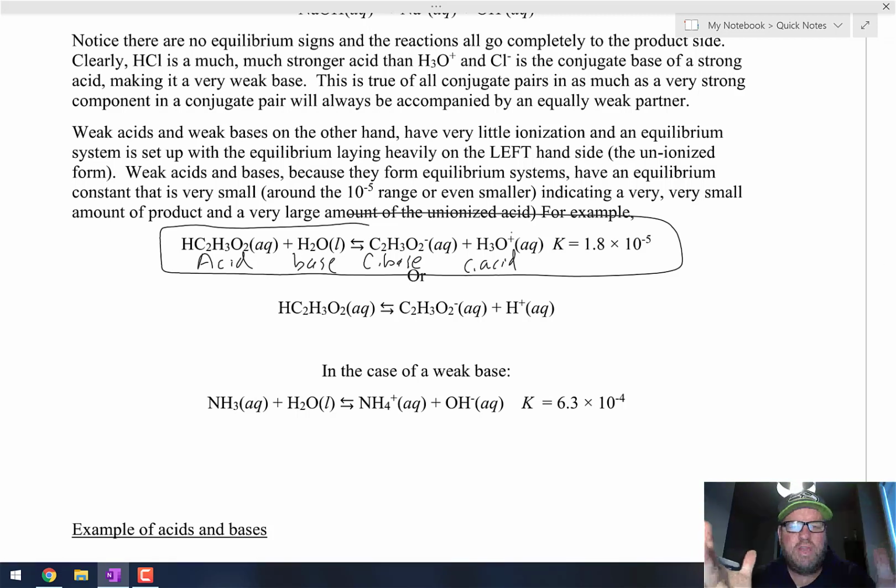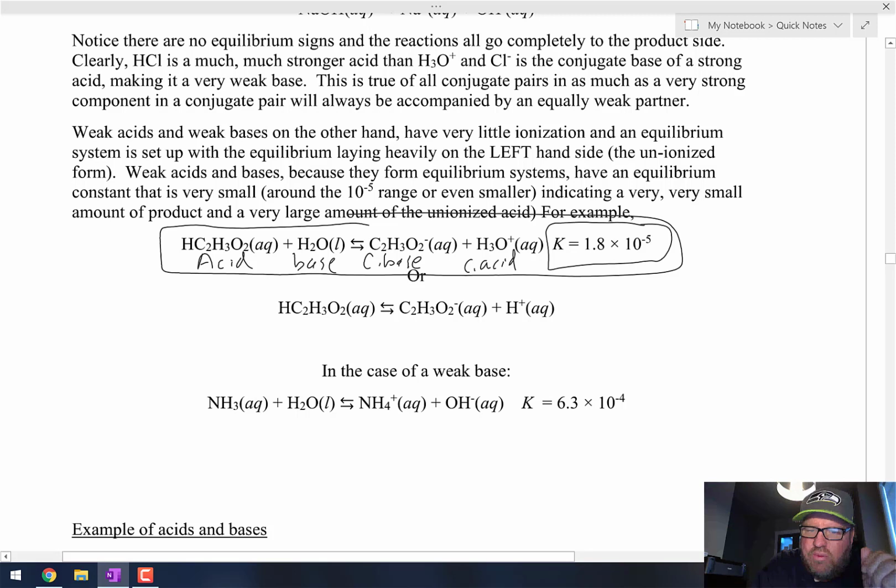The question many times will come up: which acid is stronger, the acetic acid, HC2H3O2, or the H3O+, the conjugate acid on the opposite side? It comes back to the equilibrium constant. If the equilibrium constant is less than 1, which we can see here that it is, that means we have mostly reactants.